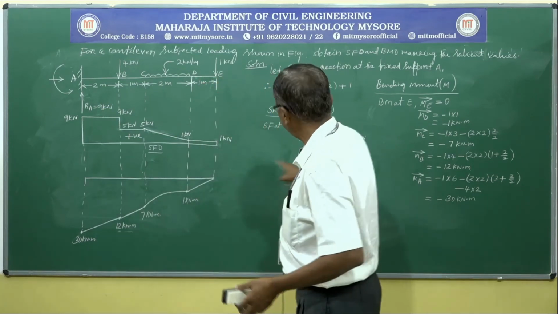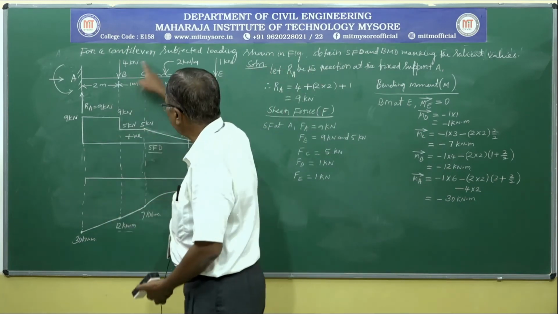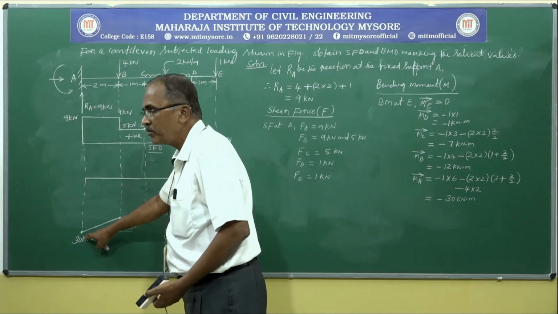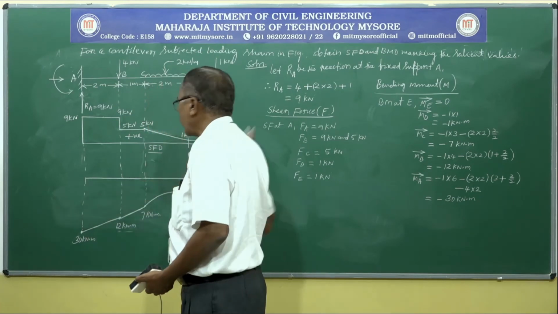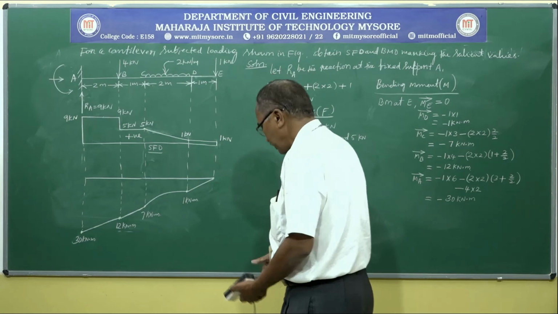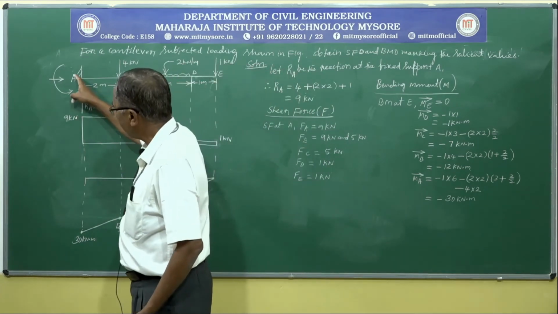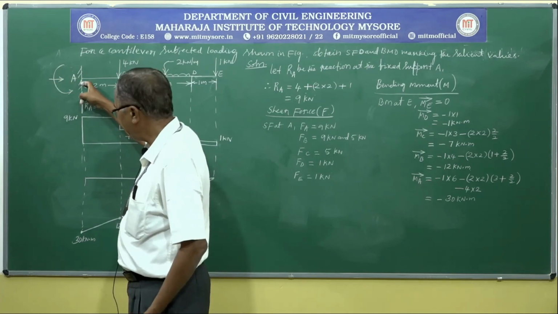Here all the moments are clockwise. In fact, since we have considered forces on the right hand side, we have taken it as negative in case of bending moment. When it is a clockwise moment, at the fixed end there is an anti-clockwise moment.